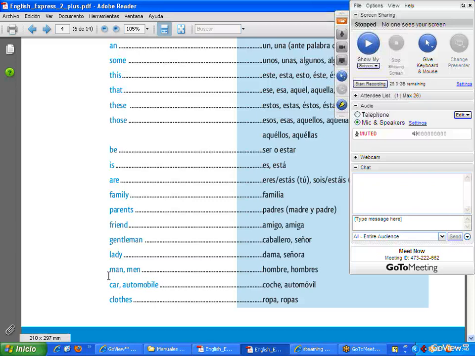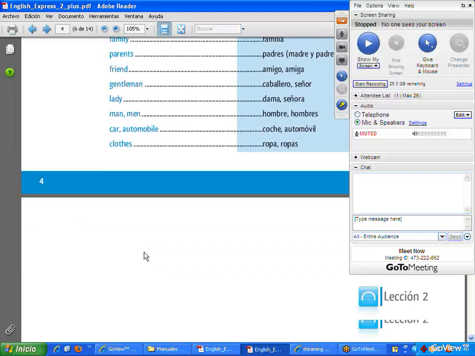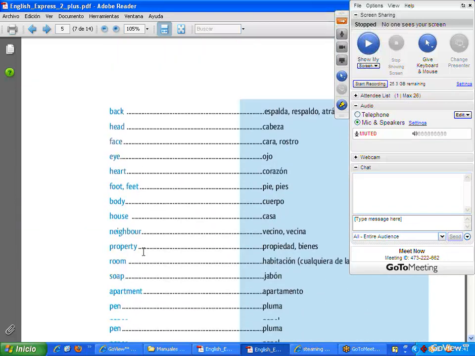The plural is men. Car or automobile, clothes, a back, head, face, eye, heart, foot, another irregular noun. The plural of foot is feet.